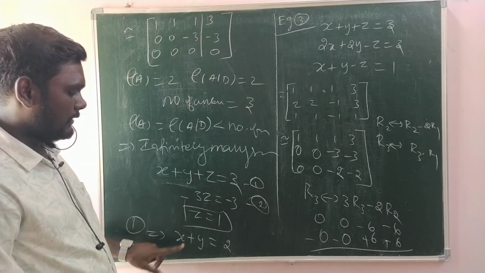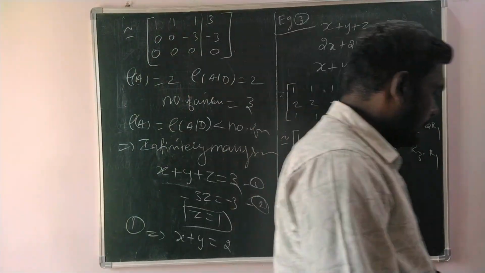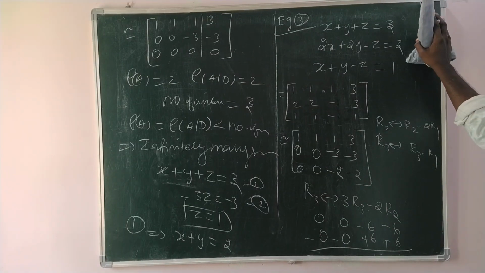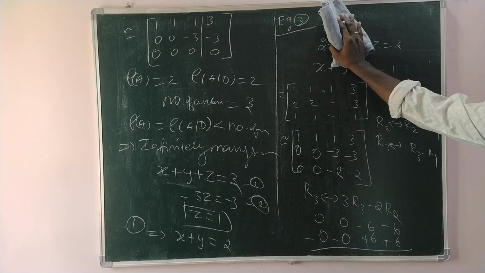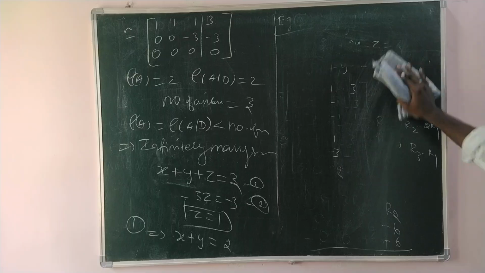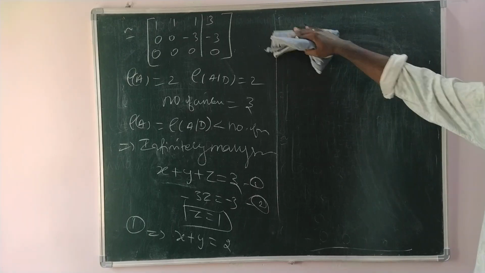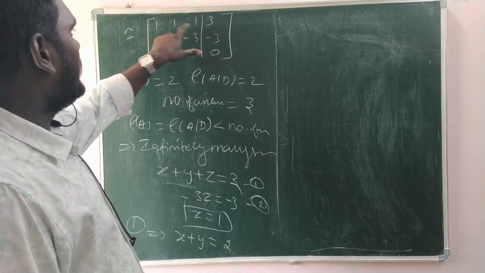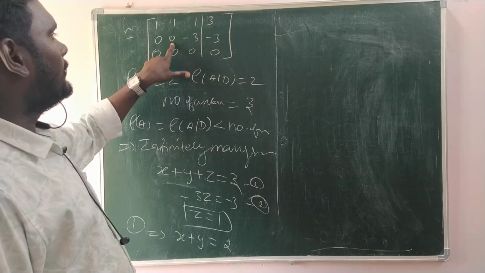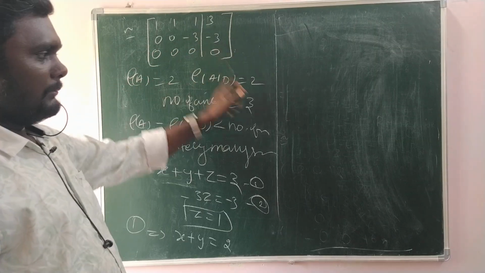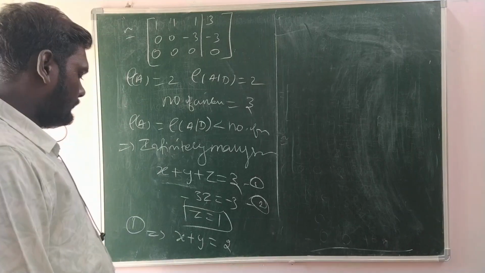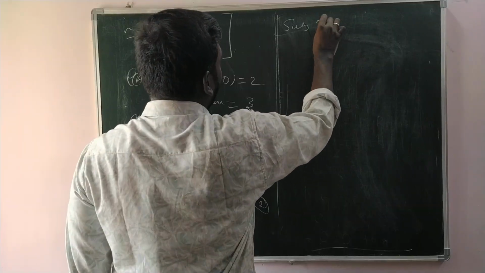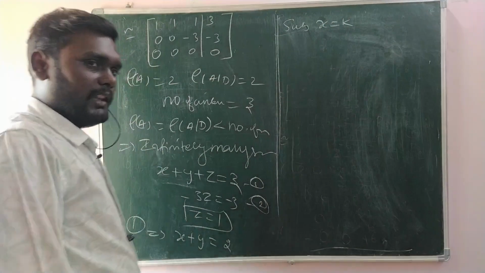This is having infinitely many solutions. What we are going to do is, listen carefully. These two equations, again, in equation form you should make. See, this is x plus y plus z is equal to 3. Then 0x plus 0y minus 3z is equal to minus 3. Now we should substitute any variable, either x is equal to k or y is equal to k, anything.